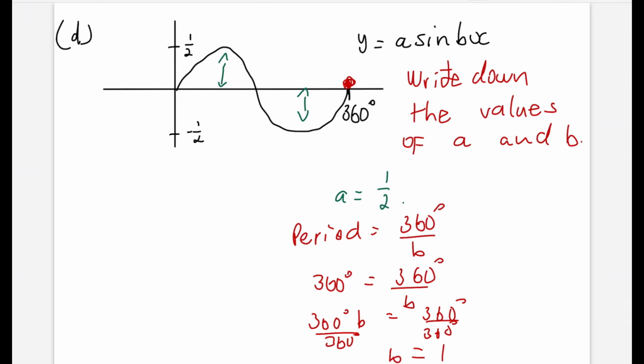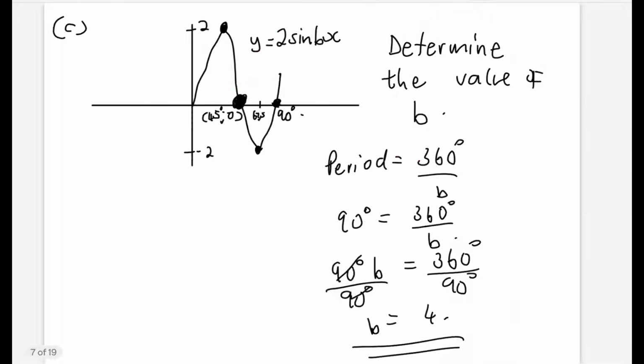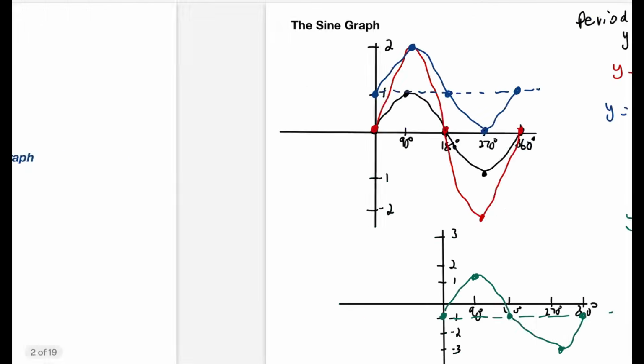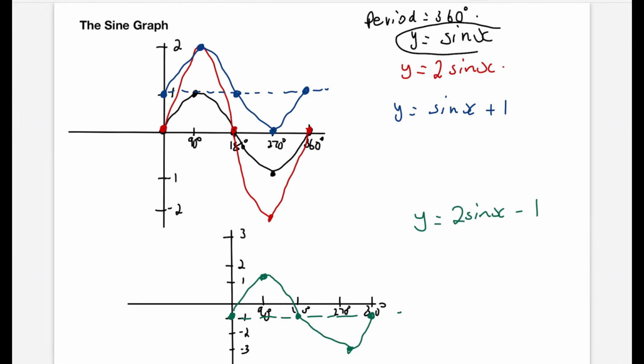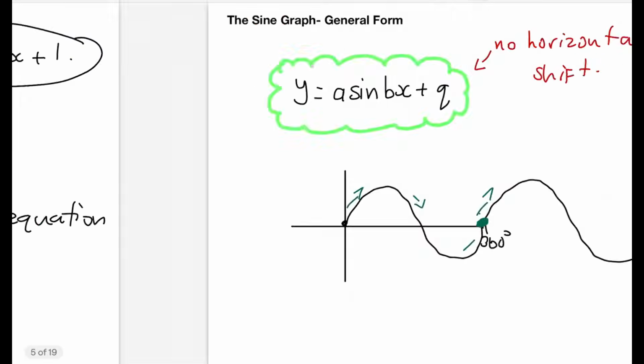Okay. And we can also see that b is 1 because the graph does complete itself at 360. So the original sine graph, the graph y is equal to sine x, has an a of 1, a b of 1, that's 1 times x, and a q of 0. Okay, awesome.